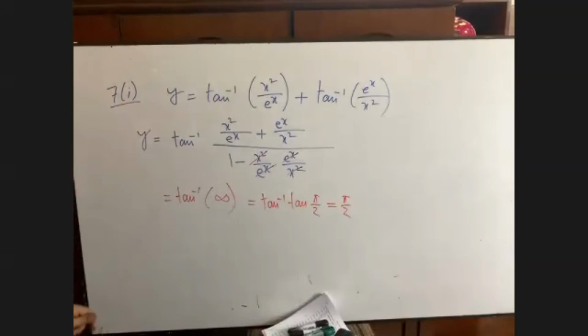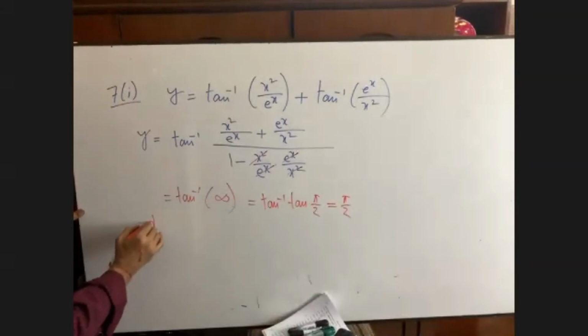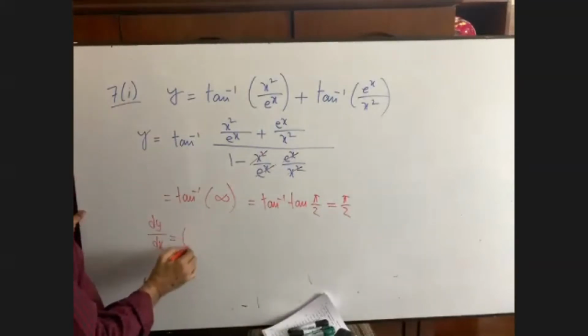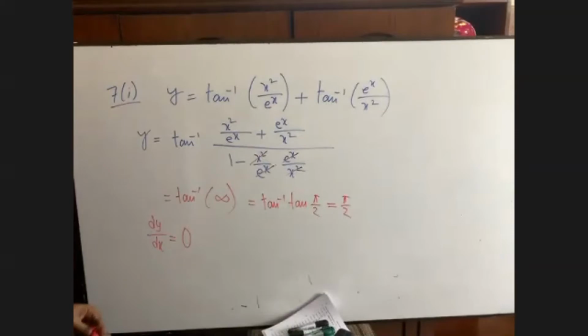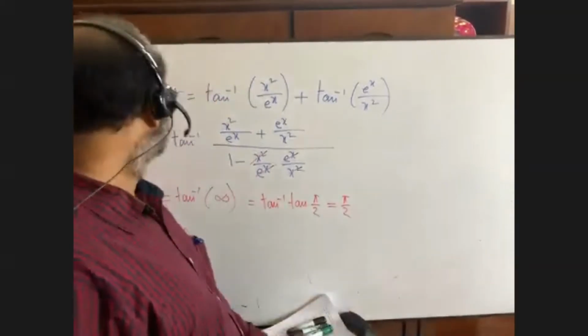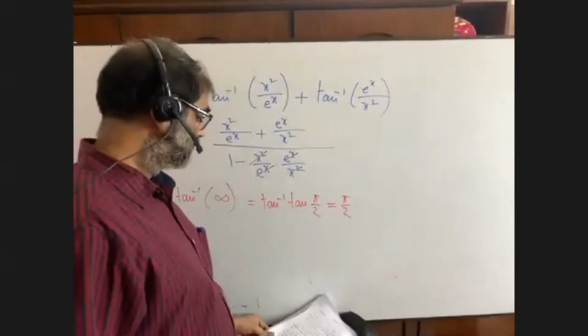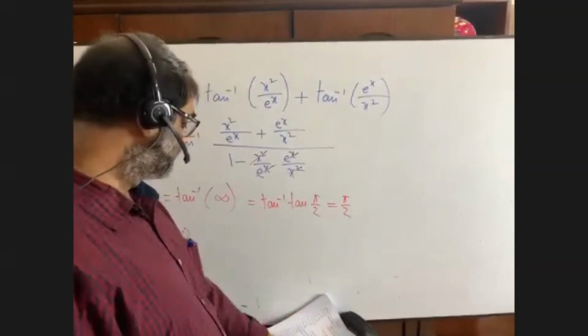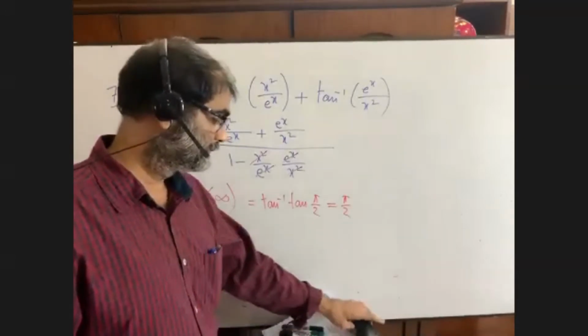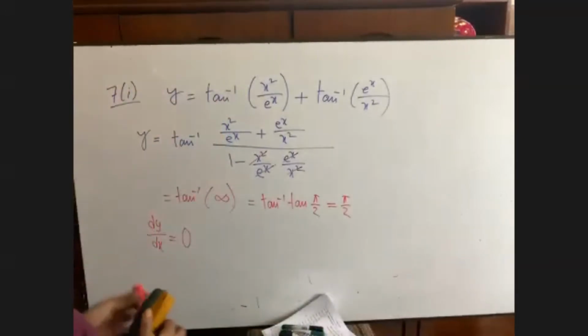But we have to find the derivative of y, that is dy by dx, is equal to what? Pi by 2. The derivative of pi by 2 is 0. We don't have any x, so it is 0. And we are right. Have you got it or not? Talk to me. Yes, sir.